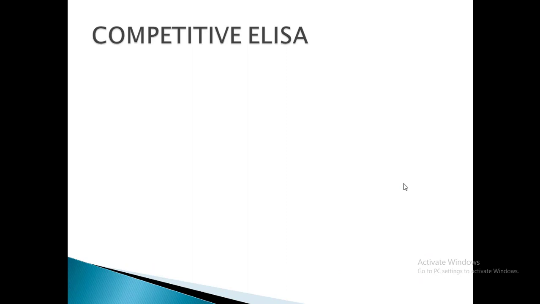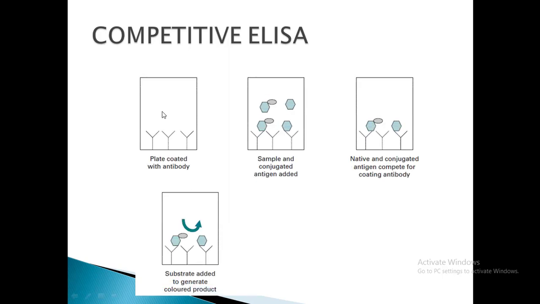One more type available is competitive ELISA. What happens here? We have a microtiter plate which is coated with antibody. In its reagent, it will have a known labeled antigen, and we also apply the patient serum.